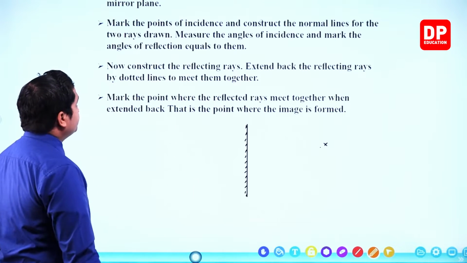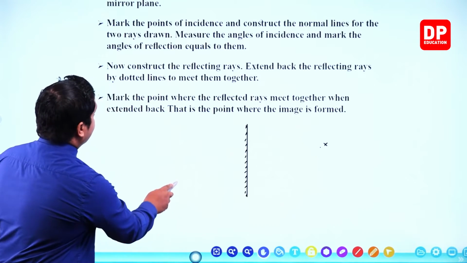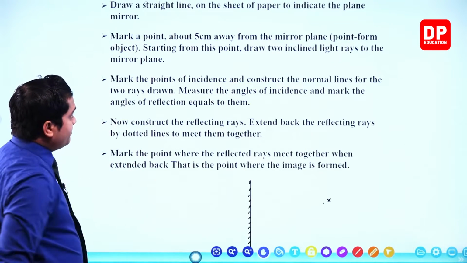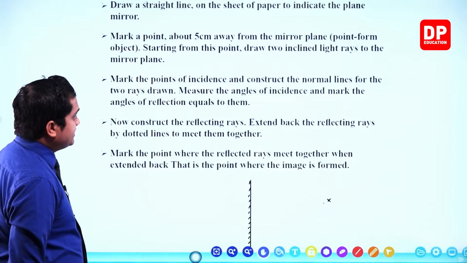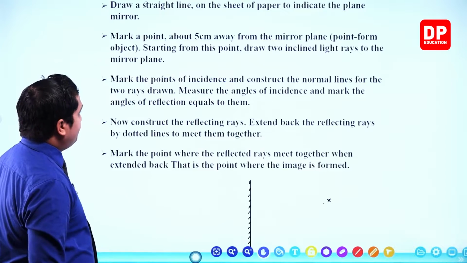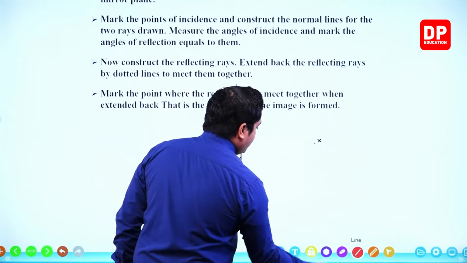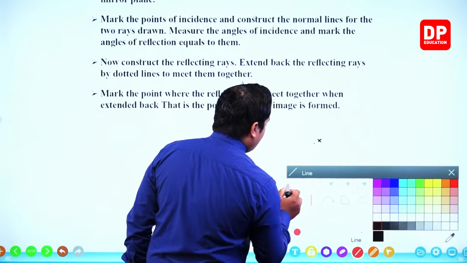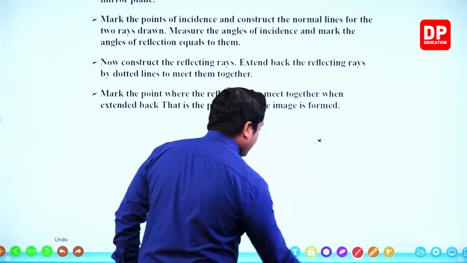Then what do you have to do? Then, my dear children, starting from this point, draw two inclined light rays to the mirror plane. You have to draw two straight lines from this point.